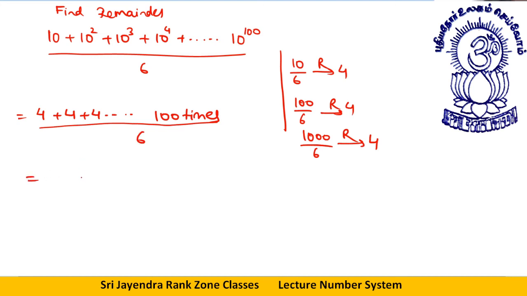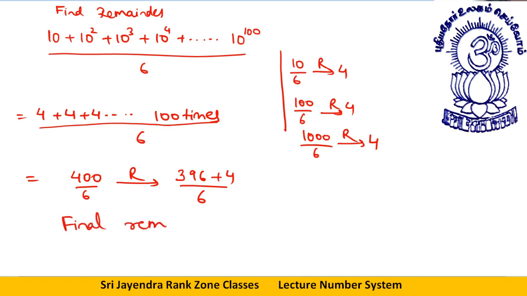So the remainder is like 400 divided by 6. 400 divided by 6 can be written as 396 plus 4 divided by 6. So the final remainder will be 4.